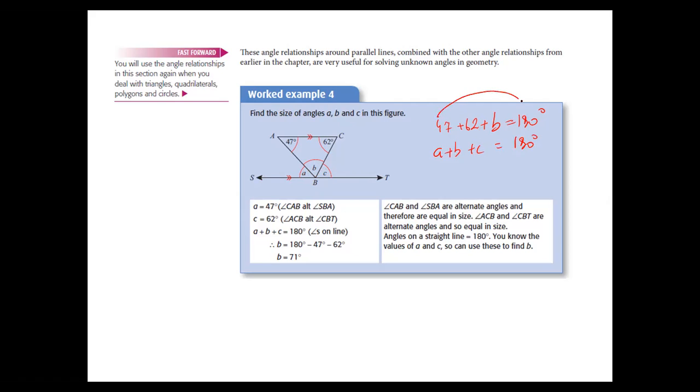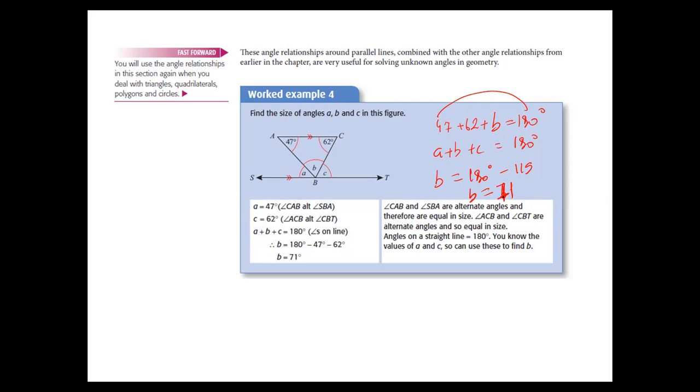So from here you can find B. 47 plus 62 is 109, and 180 degrees minus 109 gives B equal to 71.